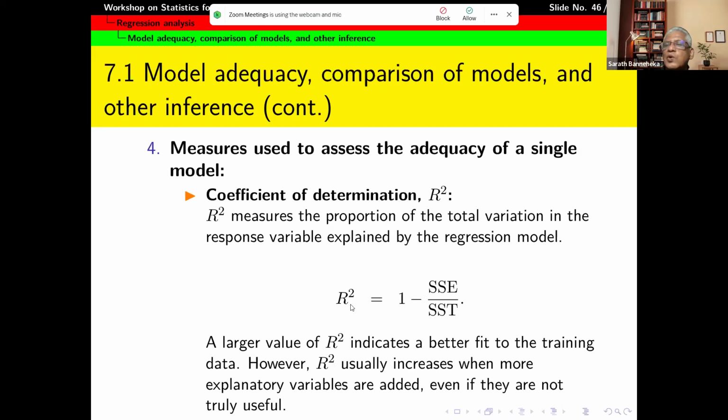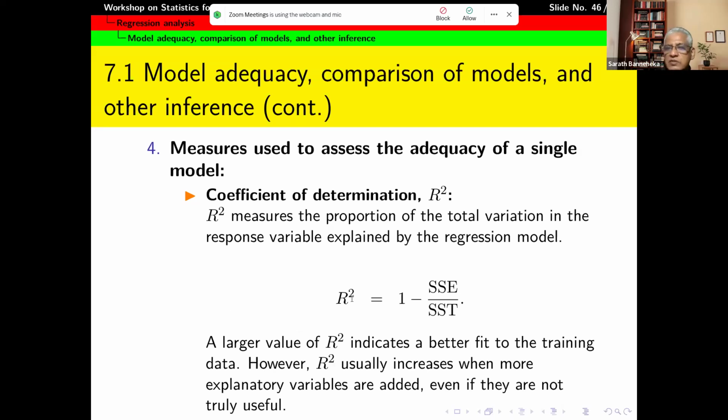But just increasing R square by 0.1 using another 5 variables will sometimes not be worth it, because getting observations for those 5 variables will be very costly. The accuracy of the model will be increasing only by a small amount. So therefore, you have to balance these things when you are fitting the models.